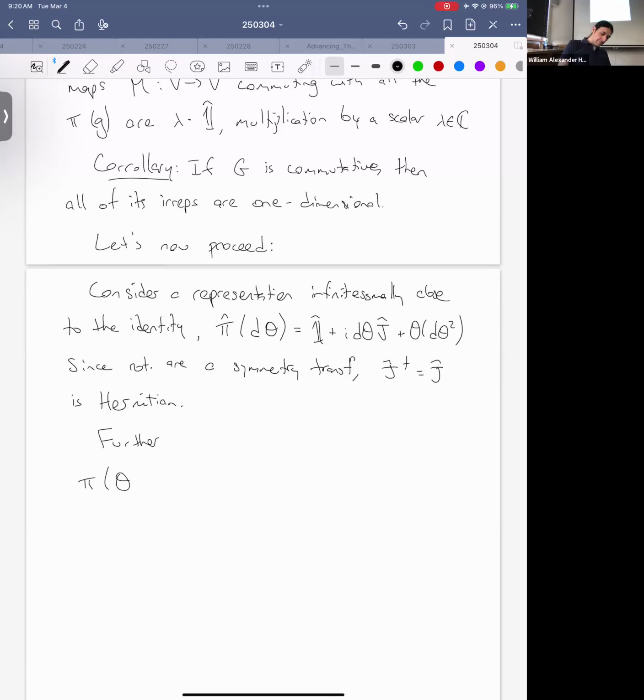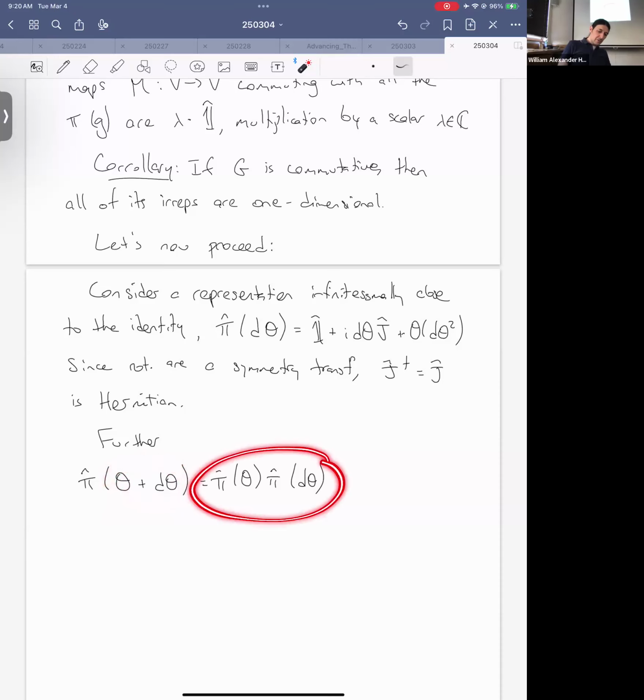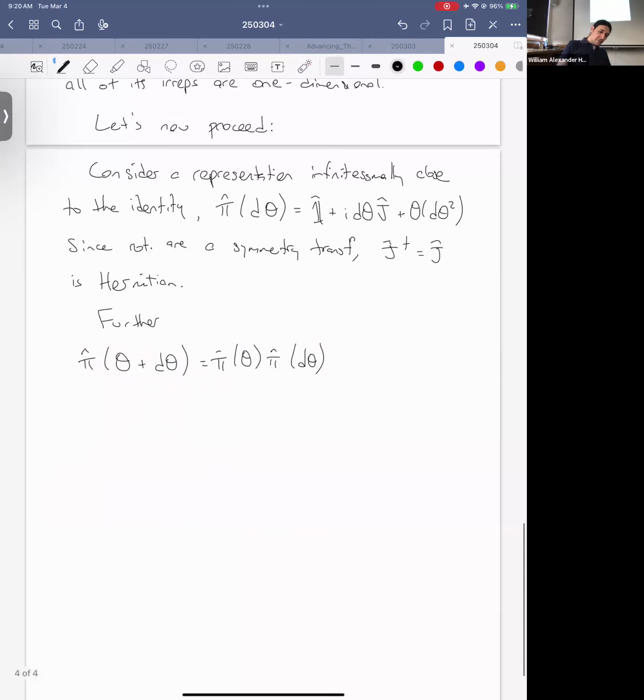So pi of theta plus d theta must be equal to pi of theta times pi of d theta, the group multiplication rule. The multiplication rule for rotations is just addition. The multiplication rule of operators is just operator, operator. And we just worked out what pi hat of d theta is. That was 1 plus i d theta J hat.